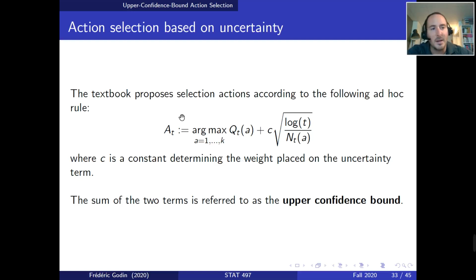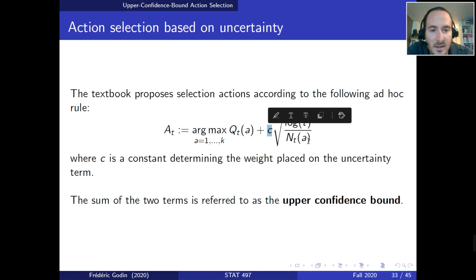Okay, so at play number t, the action selected is the one which will maximize the following quantity: the estimate of the expected reward associated with action A. Plus, here, this is a correction term. Okay, so if this correction term wasn't here, then this would simply be the greedy approach.